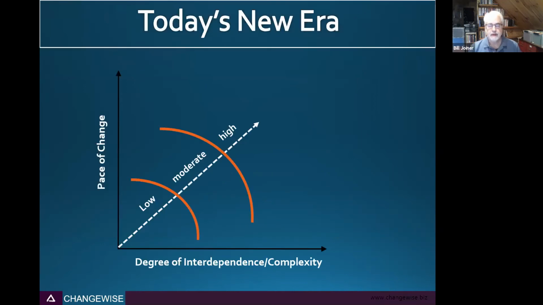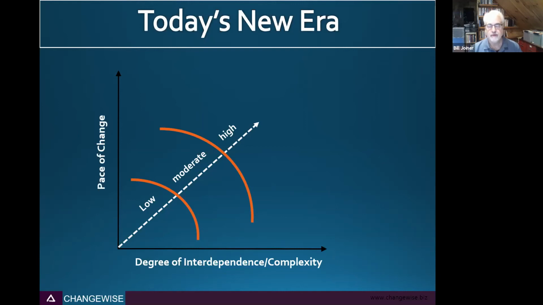You can take what I just said and map it onto this graph, and tell a little bit of a simplified story about how the environment has evolved. So, once upon a time, pace of change and the degree of interdependence in the business environment was relatively low.